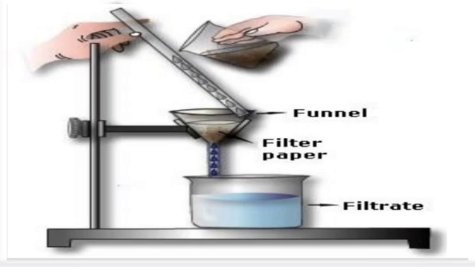And when you pour the impure water, what happens? The water gets collected in the beaker which is kept under the funnel. This is clean water and the impurities remain on the filter paper. In this way we can separate impurities.